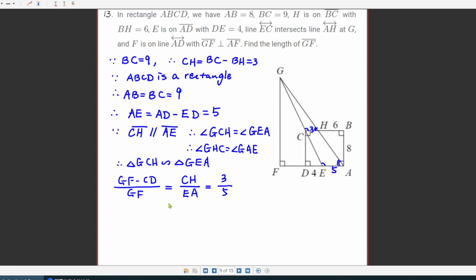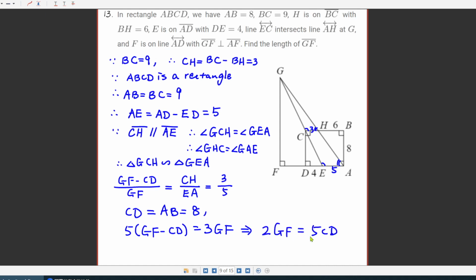Since ABCD is a rectangle, we have CD equals AB equals 8. Therefore, substitution and cross multiplying can give us 5 times (GF minus CD) equals 3GF, which means 2GF equals 5CD, right?